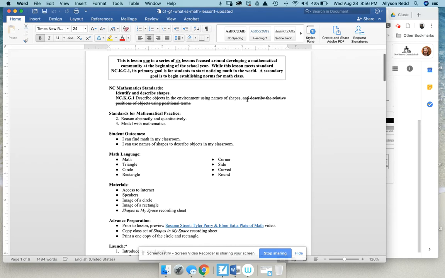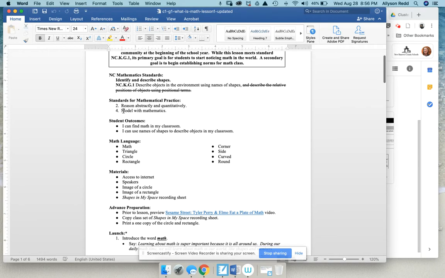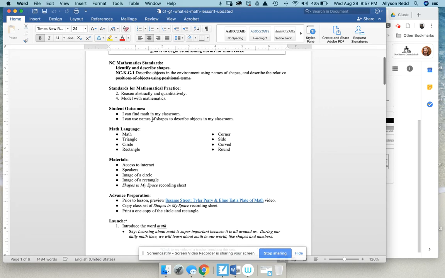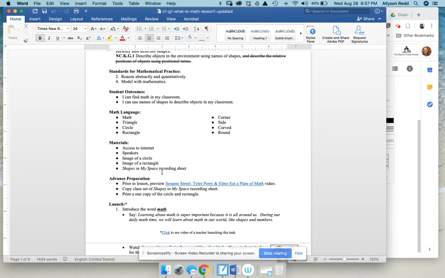This lesson does not address the second part of the standard, just describing the objects from the first part. It has all of your student outcomes. Students are expected to model with the mathematics. Not so much you guys, but the students. Reason abstractly, that's because they are describing the objects around them. And quantitatively, they're making sense of all of these things.